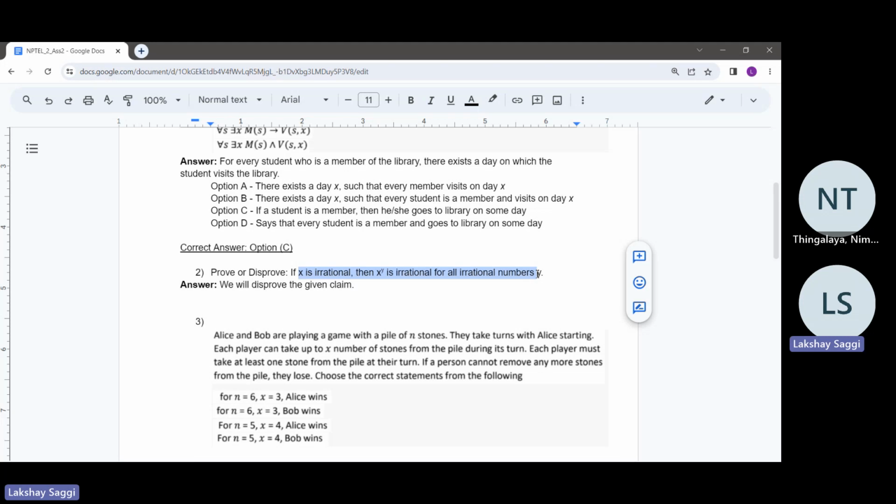But for proving this statement, we actually need to say that for all possible examples, this will be true. So generally, proof is a bit more drawn out because in proofs we have to cover all the cases. But to disprove something, we just want to give one example where this claim does not hold. So this is actually a very interesting question. So I believe you should pay attention to this.